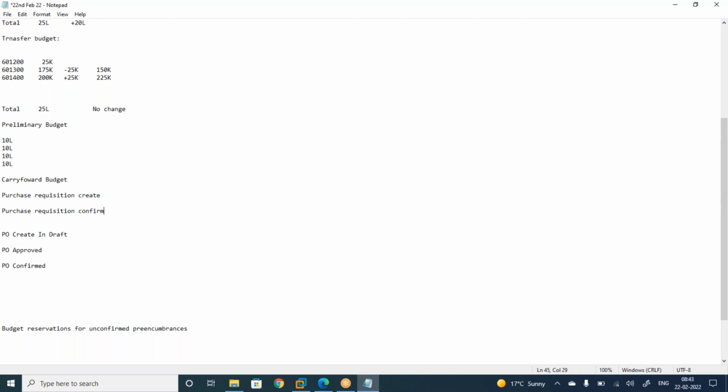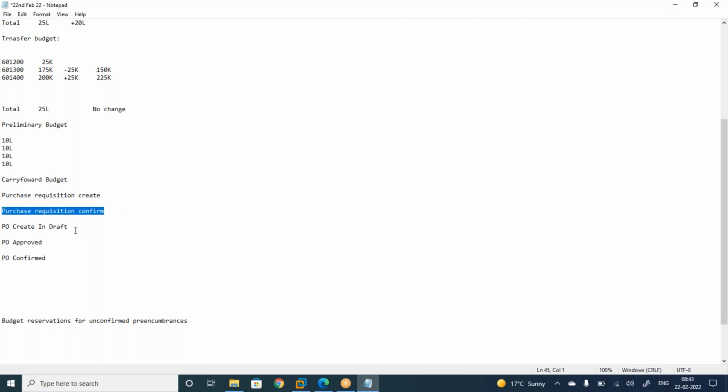This is the purchase process: purchase requisition create, purchase requisition confirmation, purchase order creation in draft, purchase order approved and confirmed. This is the purchase order process. The detailed explanation will be covered in T&L.